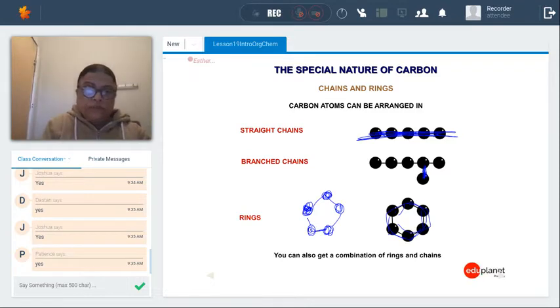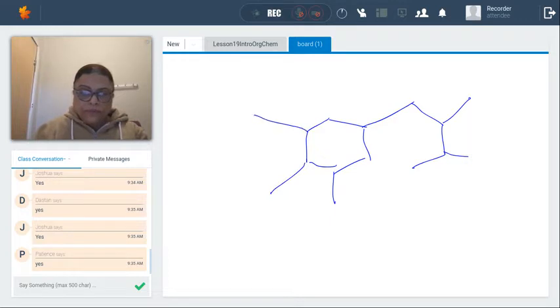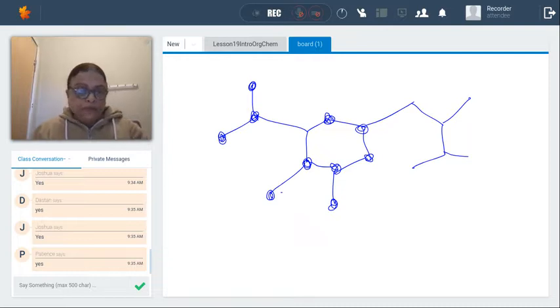So, for example, you can have this is a ring, this is a branching, this is a branched chain, this is another branched chain.